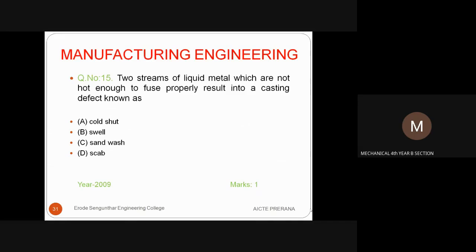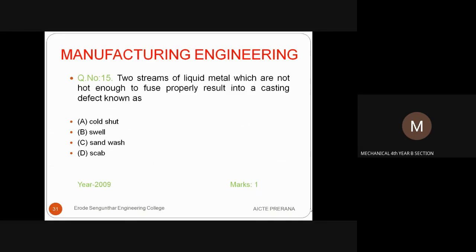When the liquid from the two ends gets mixed up, there is a defect occurring. What type of defect is it? That is the question. Option A is cold shut, option B swell, option C is sand wash, and option D is scab. We have to select the right answer from here. This was the question from the year 2009, which carries 1 mark.